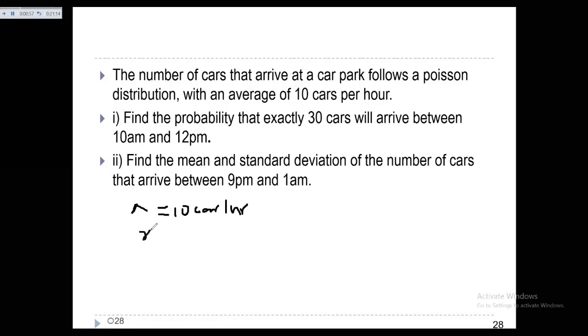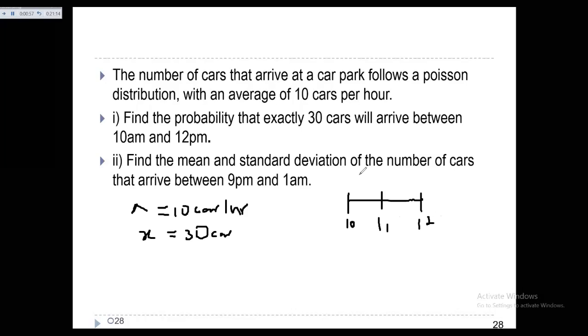So our X or our K is equal to 30 cars will arrive between 10 to 12 p.m. Now 10 to 12 p.m. is a 2-hour time step. So from 10, 11, and then we have 12.